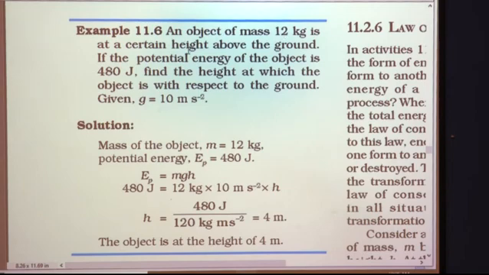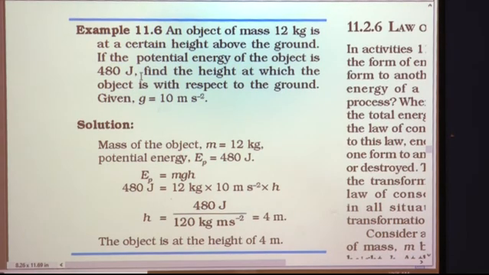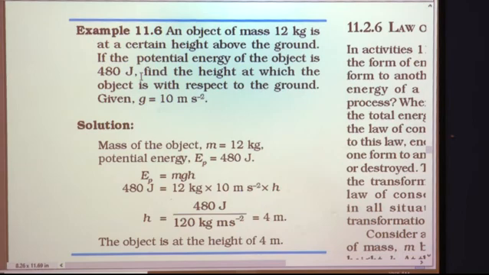The object is raised to a certain height above the ground, and the potential energy of the object is 480 joules. Students, in the previous example we found the potential energy, but in this example the potential energy is already given. EP is equal to 480 joules.